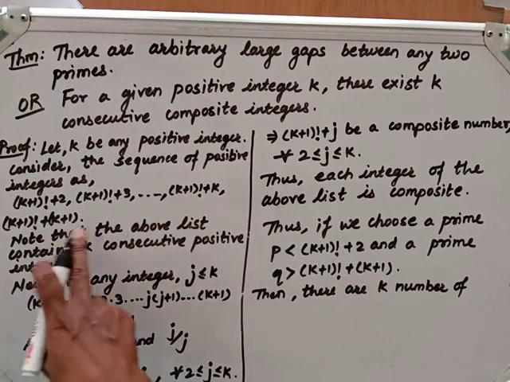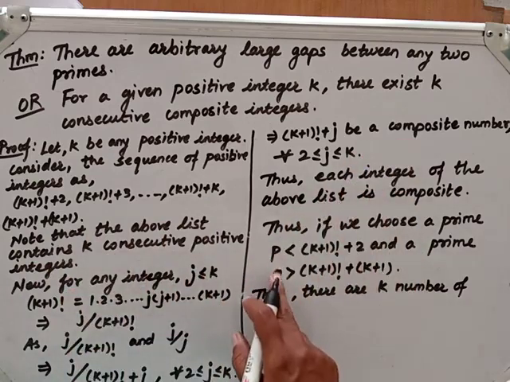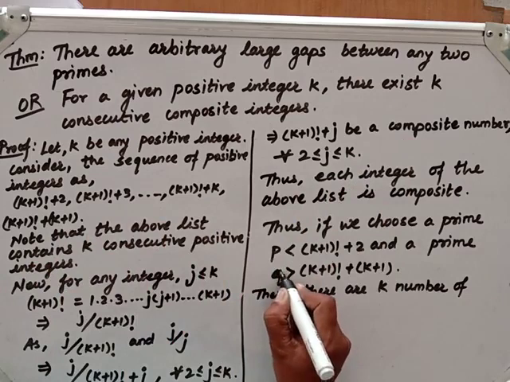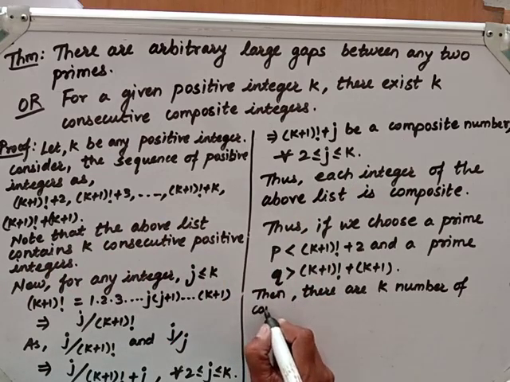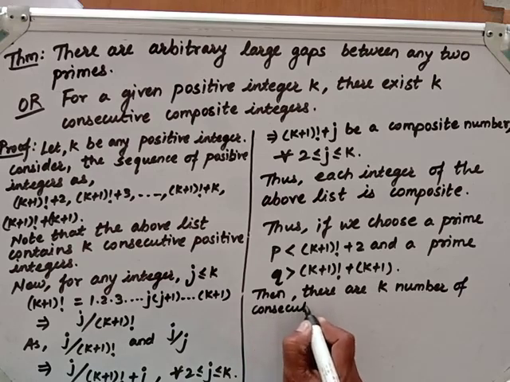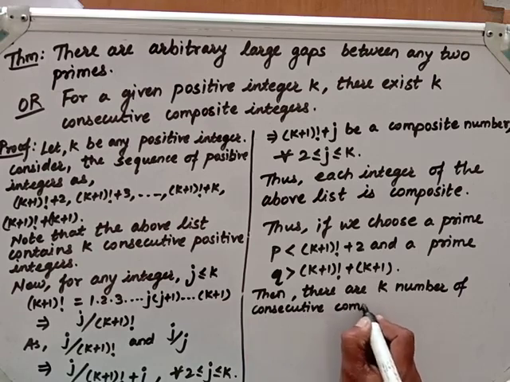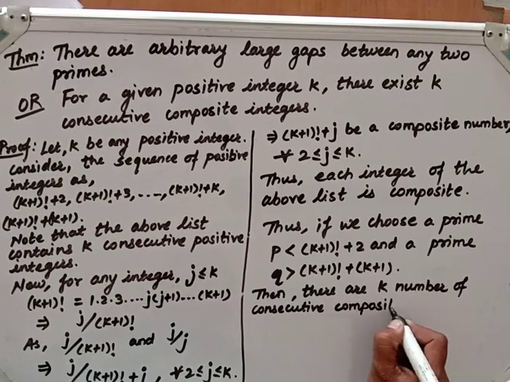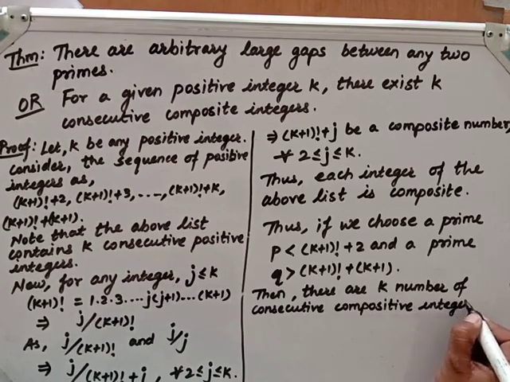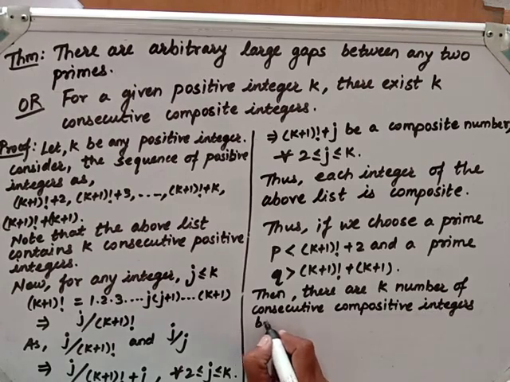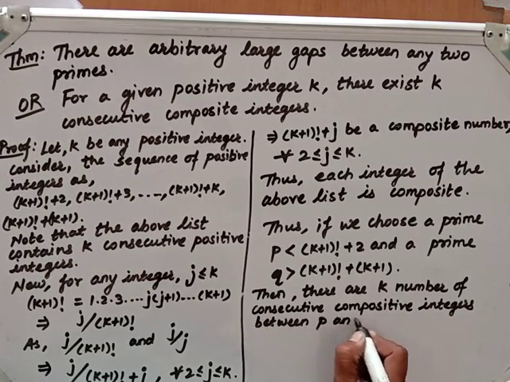All these k integers are composite, so these k composite numbers lie between p and q.